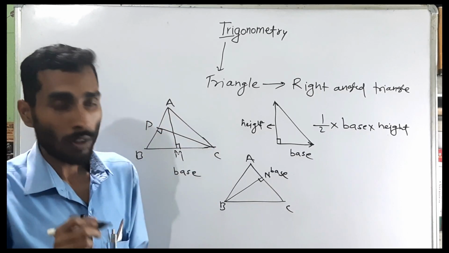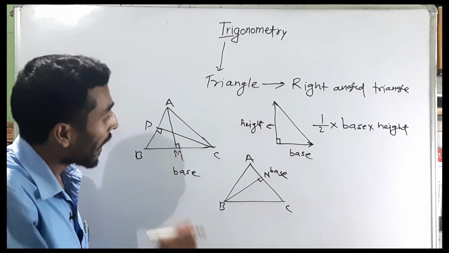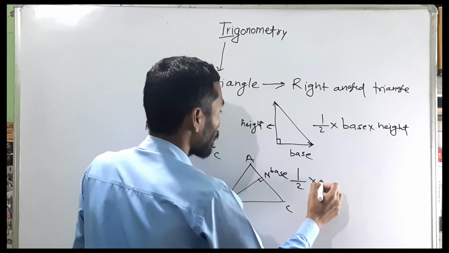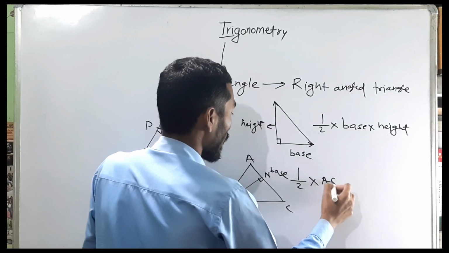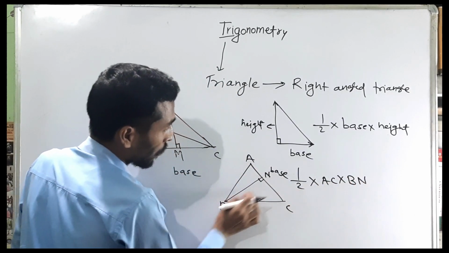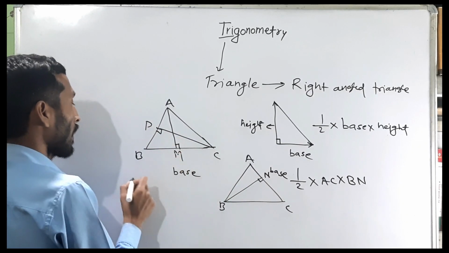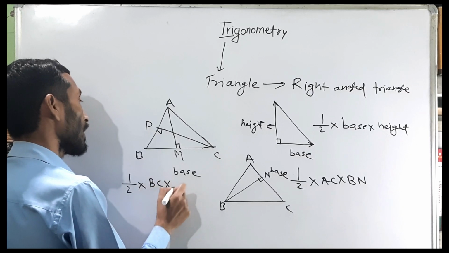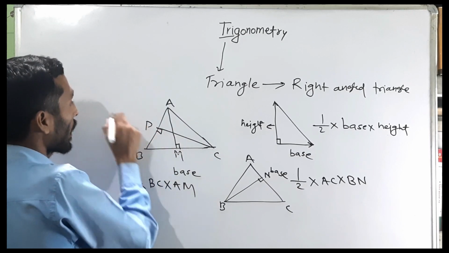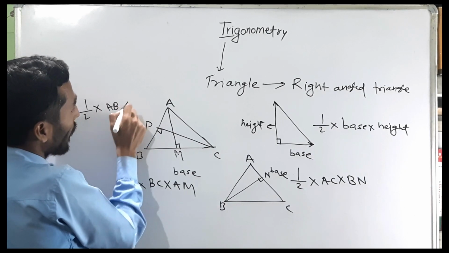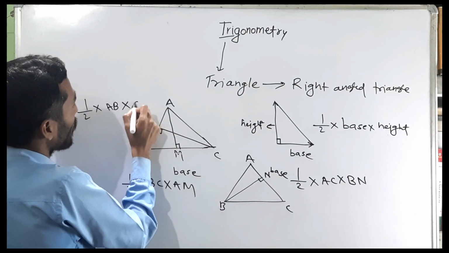CP. So to find the area of the triangle, here it will be half into AC into BN, base into altitude, here half into BC into AM, and here half into AB into CP.